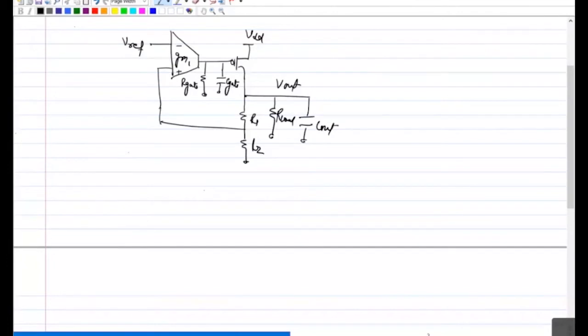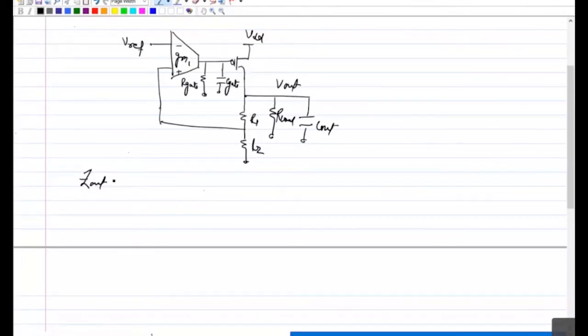So now if we want to generalize, your Z out of S, when I say closed loop, is equal to Z out, let's call it open loop of S, divided by 1 plus beta A of S. So whatever output impedance you have in the open loop will be suppressed by your 1 plus beta A of S, where beta A of S is your loop gain response.